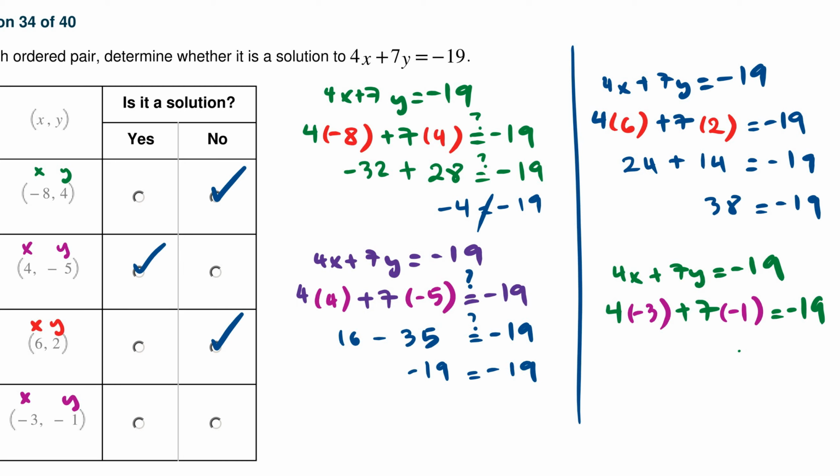Alright, so 4 times negative 3 is negative 12. 7 times negative 1 is negative 7 equal to negative 19. And same sign we add, that gives you negative 19 equal to negative 19. That is true. So it's a yes, it's a solution.